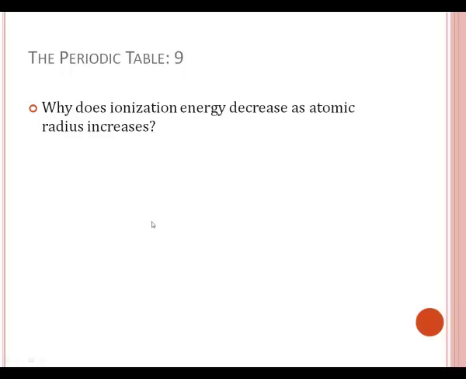Question 9 is asking us about the relationship between ionization energy and atomic radius. So, ionization energy is the amount of energy that I need to pull off an electron. Now, the bigger the atomic radius is, the further from the nucleus the electrons are. So if this is my nucleus, okay, I'm going to do 2 nucleuses here.